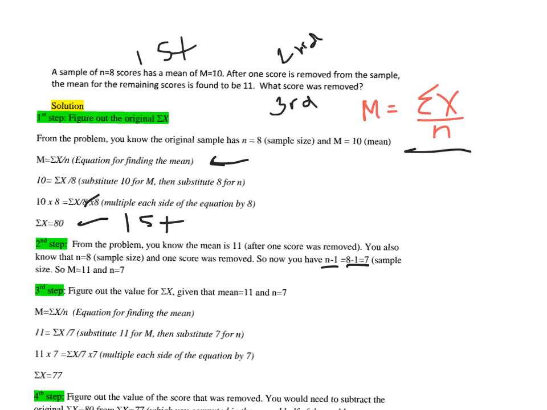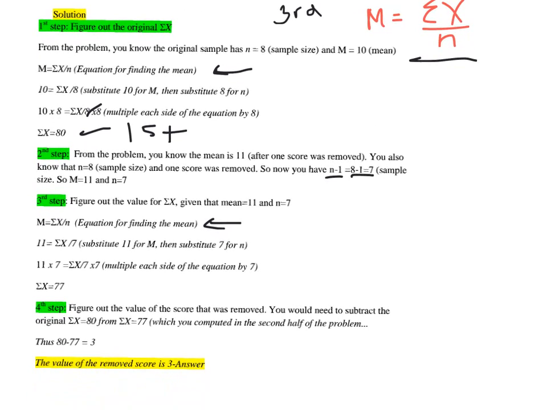Once again, we use the equation that we all know and have been using, which is the mean equals the sum of x over n. We're going to substitute what we know. We know that 11 equals the mean, and we know that 7 equals n. Then by algebra, we're going to multiply each side by 7.